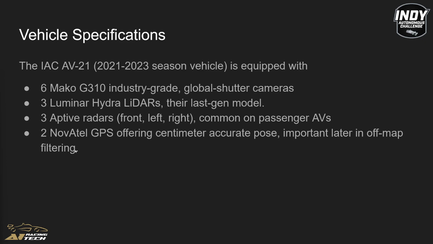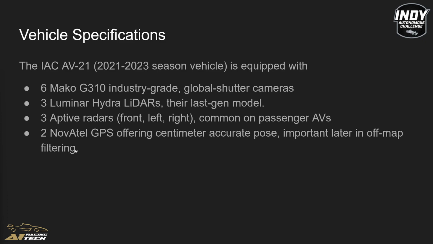They're global shutter cameras, so they don't suffer from heavy motion blur issues. Some of the perception teams might find the camera itself really tricky to deal with, but that's mostly a manufacturer's problem. Second, we have 3 Luminar Hydra LiDARs. That is actually their last gen model, not the latest. These LiDARs pretty much cover the entire 360 degrees of the car.